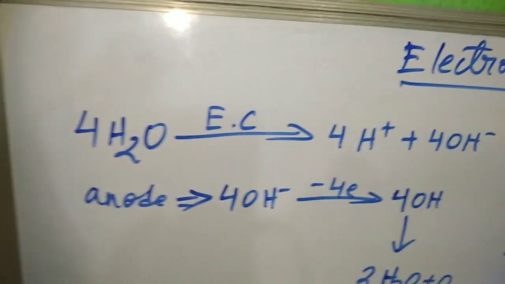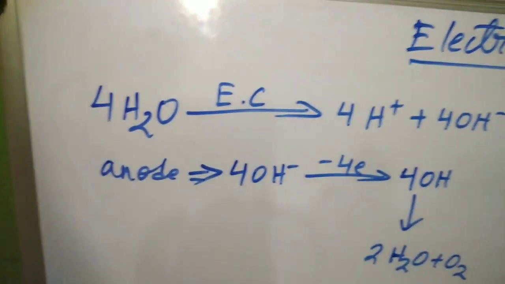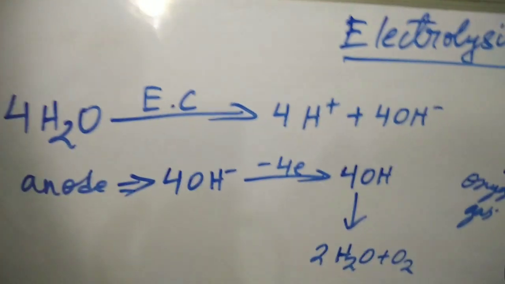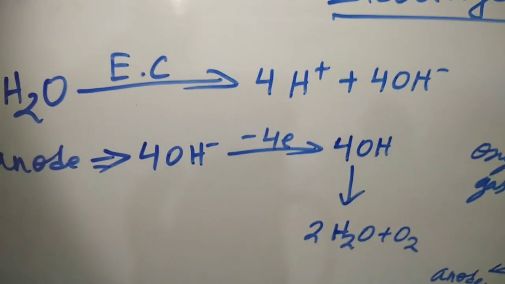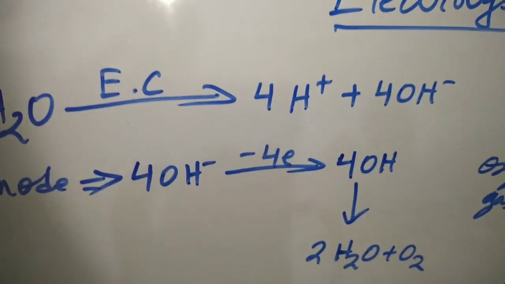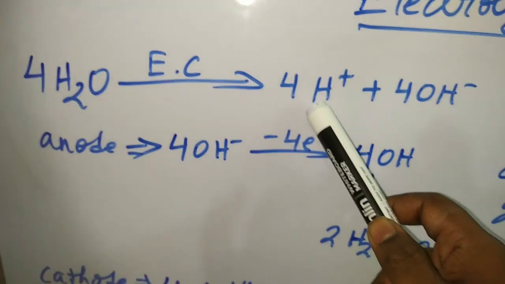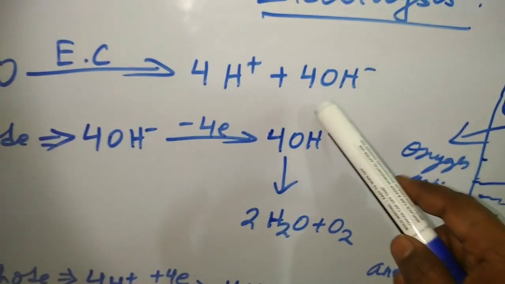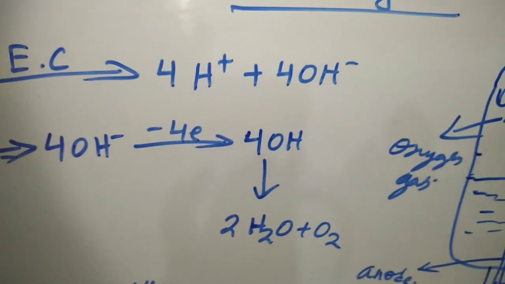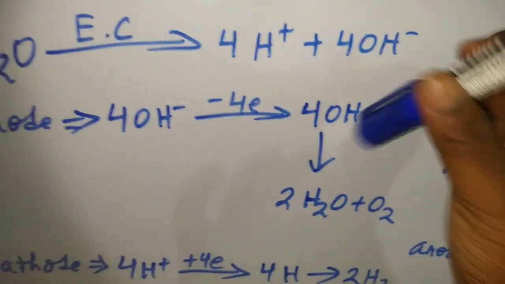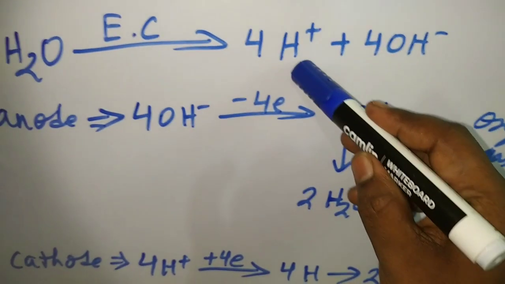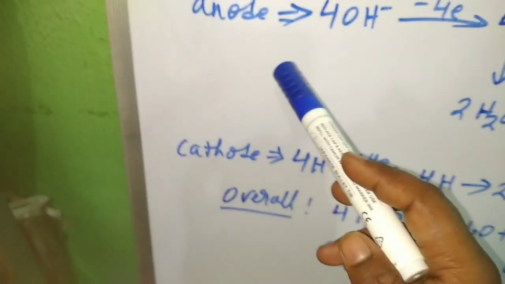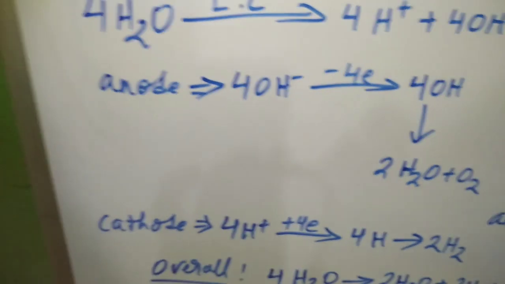We take 4 molecules of water. After passing electricity, it dissociates into 4 moles of hydrogen ion and 4 moles of hydroxide ion. Yes, this is the cation, and this is the anion. Now see in the anode how the reaction will take place.